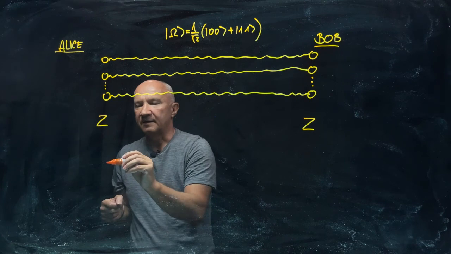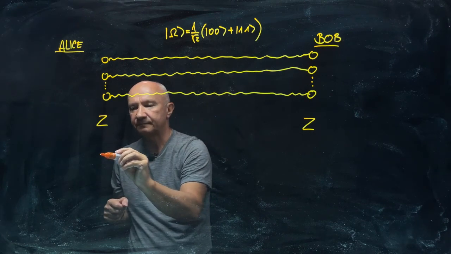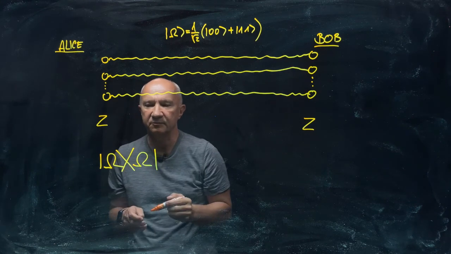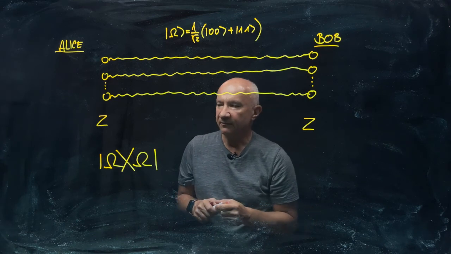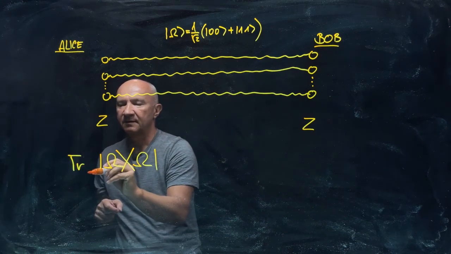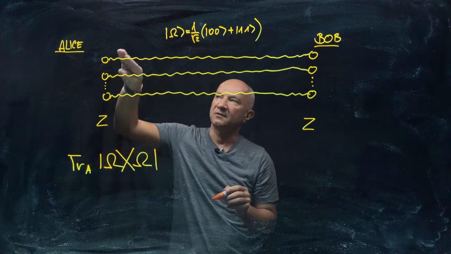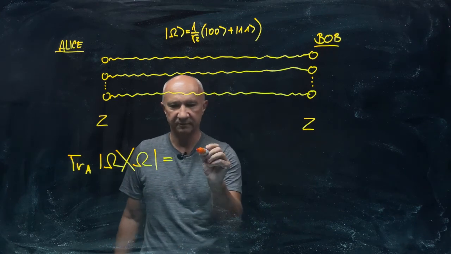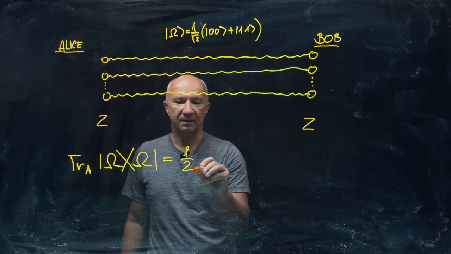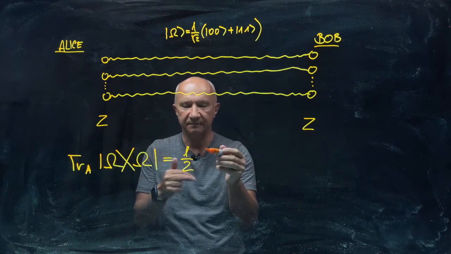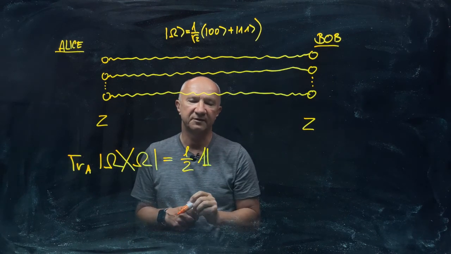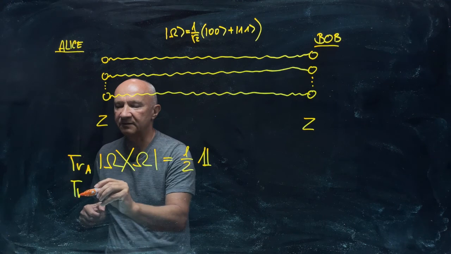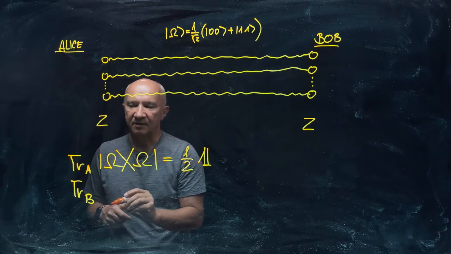So I take state omega, turn it into the density operator, the projector on state omega, and then trace over the qubit on the Alice side. It's a very simple calculation which you should be able to do now. You get the maximally mixed state. That means the reduced density operator is proportional to the identity. It's half the identity, and the same holds if you trace over Bob's qubit.